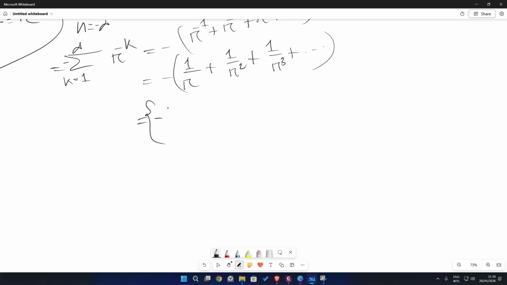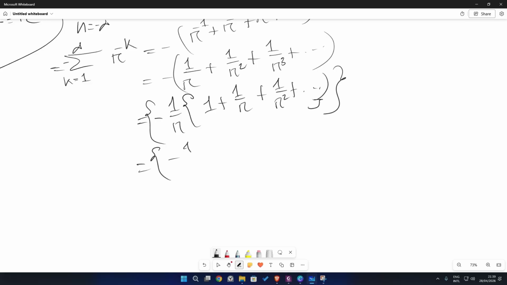To simplify further, we take r common. Then it will be r times 1 plus r plus r squared, and by seeing this, we can remember the formula we have already learned: 1 by 1 minus the common term.